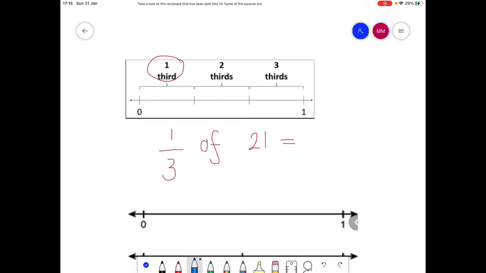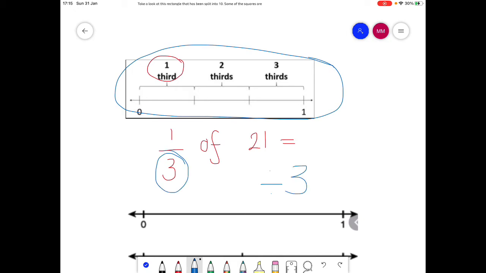Hopefully you know from previous learning that when we're finding fractions, we're actually using our division skills a lot of the time. We're dividing it into 3 groups, and the denominator, so the bottom number, often or always tells us what we have to divide by. So if we're trying to find 1/3, we're dividing by 3.